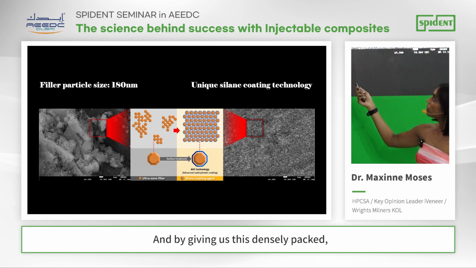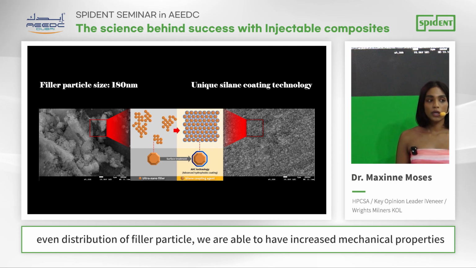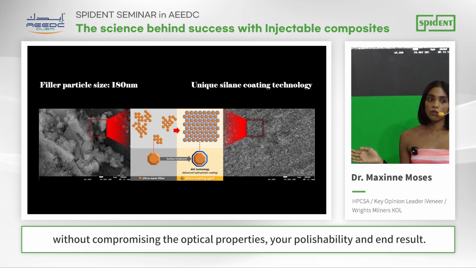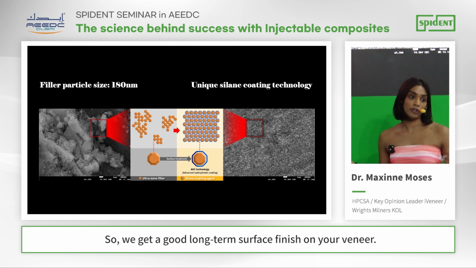And by giving us this densely packed, even distribution of filler particle, we are able to have increased mechanical properties without compromising the optical properties, your polishability and end result. So we get a good long-term surface finish on your veneer.